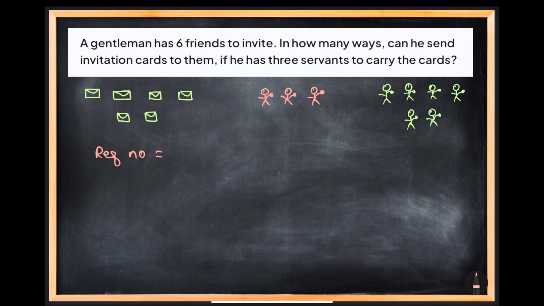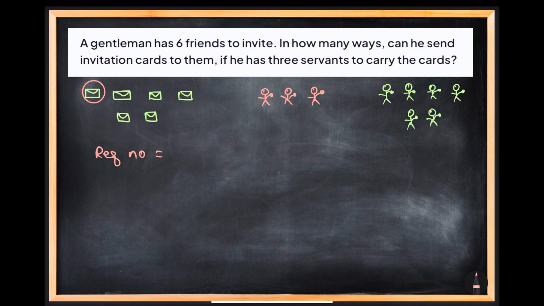So the idea is, suppose that out of those bunch of 6 cards, the gentleman lifts card number 1. So he is now deciding which person he should give this card to.